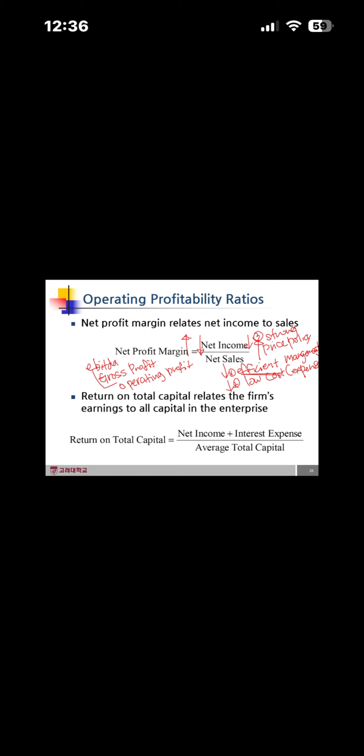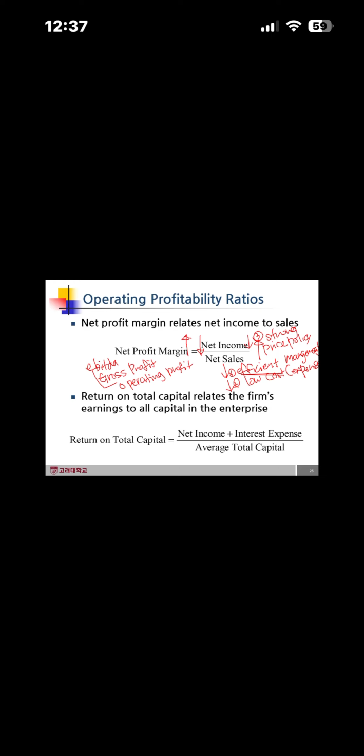And other limitations include the possibility of misinterpreting the profit margin ratio and cash flow characteristics. A low net profit margin does not always indicate a poorly performing company, and also a high net profit margin does not always translate to high cash flows.